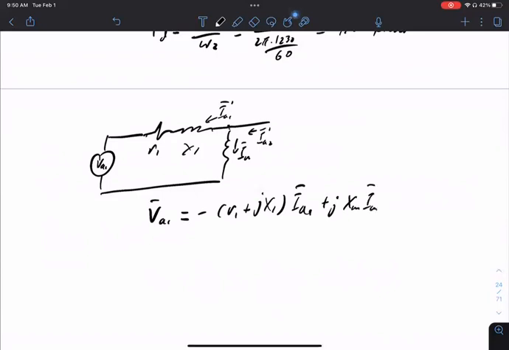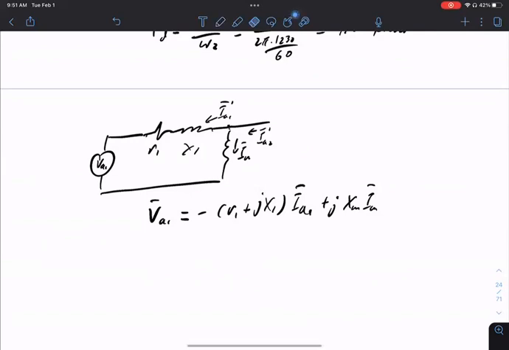So the idea is I want to solve for IA1. I want an equation where I can solve for IA1. This is a useful equation because I know this number, right? The voltage at the grid side is always fixed. So I know this number.